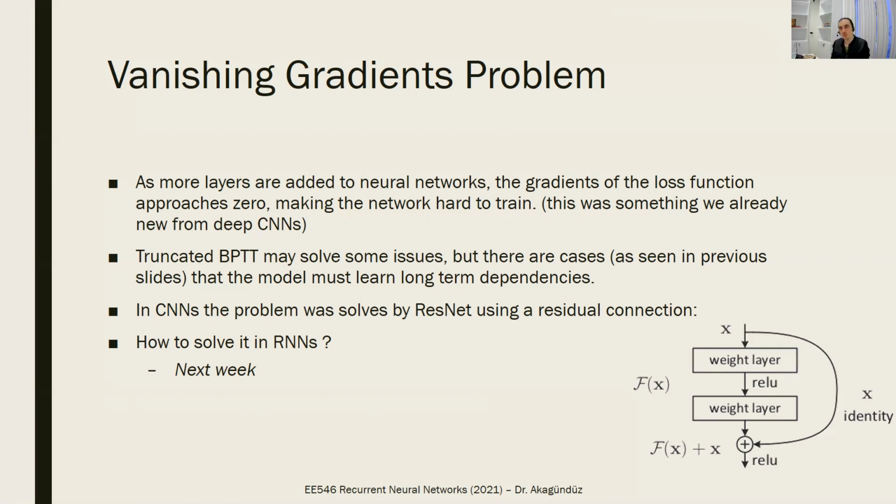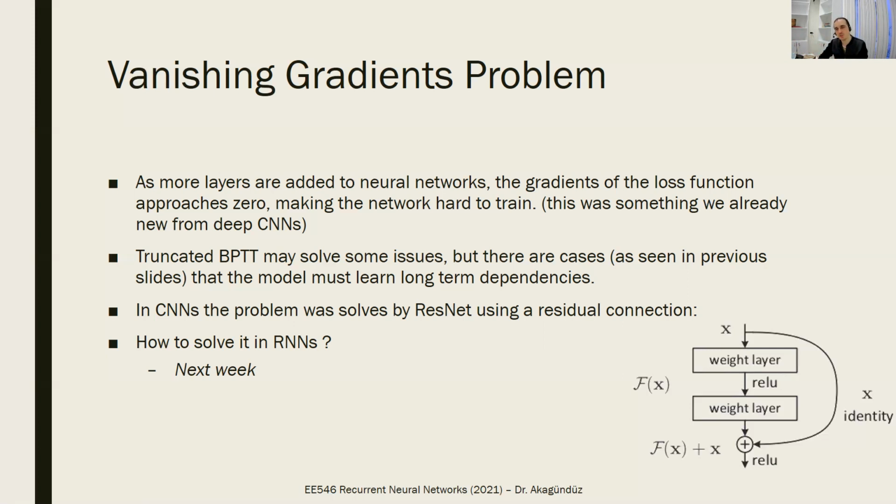The previous week, we tried to find a solution to it with truncation in time, because backpropagation in a single layer recurrent neural network is done through time, because you are calling that network a number of times equal to the sequence length. So the sequence length is like the depth of the recurrent neural network.